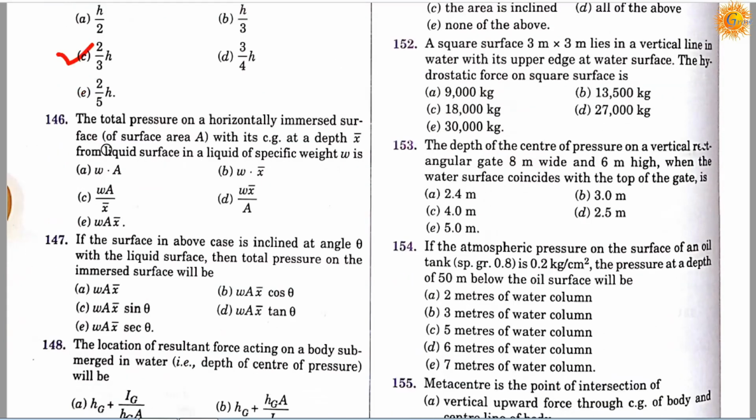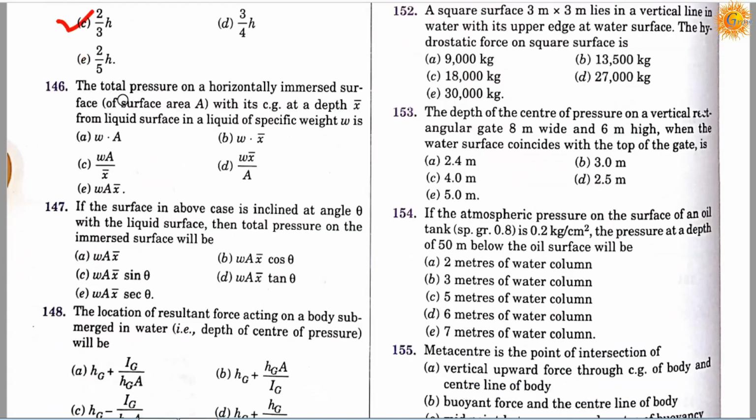Question number 146. The total pressure on a horizontally immersed surface of area capital A with its center of gravity at a depth x bar from the liquid surface, in a liquid of specific weight W, is option A, W into A, option B, W into x bar, option C, W into A upon x bar, option D, W x bar upon A, and option E, W A x bar.